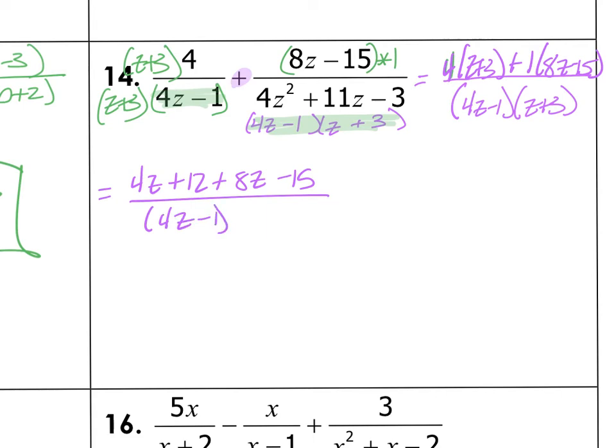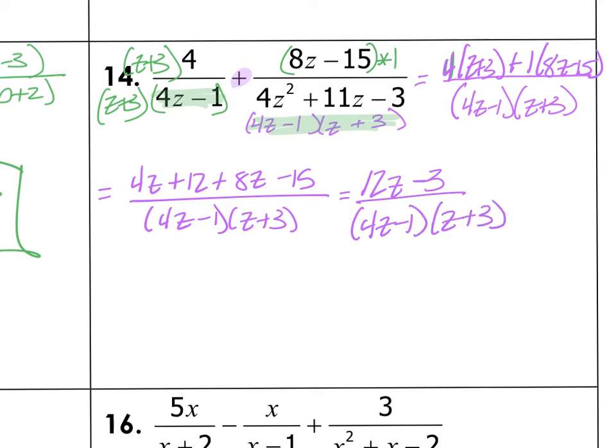All over 4z minus 1 times z plus 3. And I get 4z and 8z is 12z minus 3, all over 4z minus 1 times z plus 3. And what can I factor out of 12 and 3? 3, I believe.